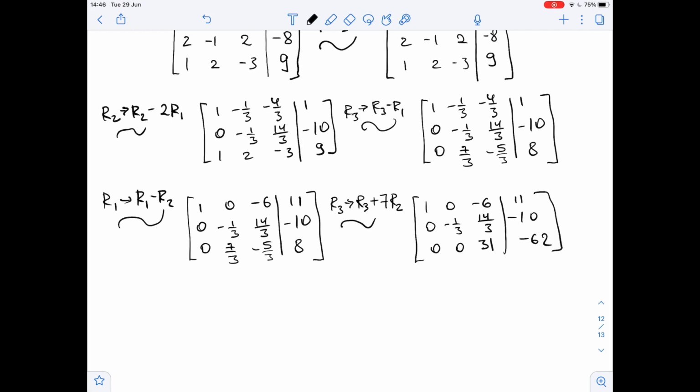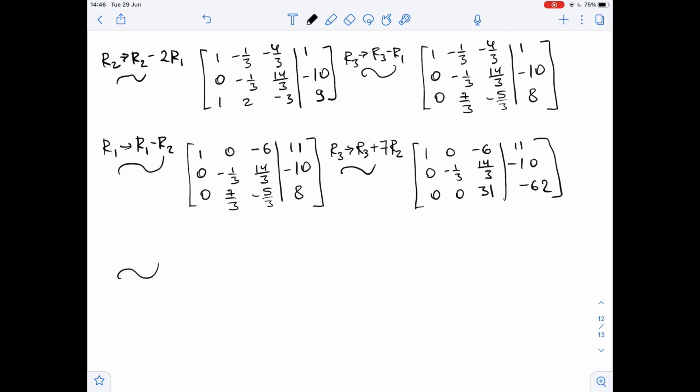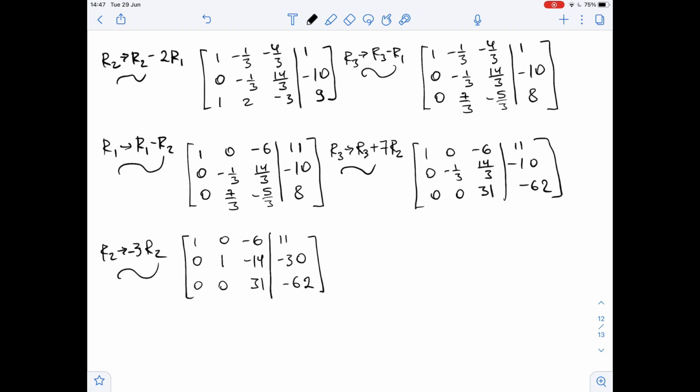In the next step, we multiply the second row by -3. So row 2 becomes -3 times row 2. We have 1, 0, -6, 11. Here it's 0, 1, -14, -30, 0, 0, 31, -62.